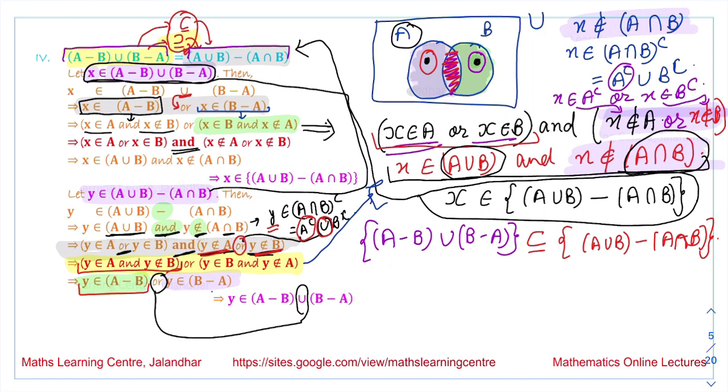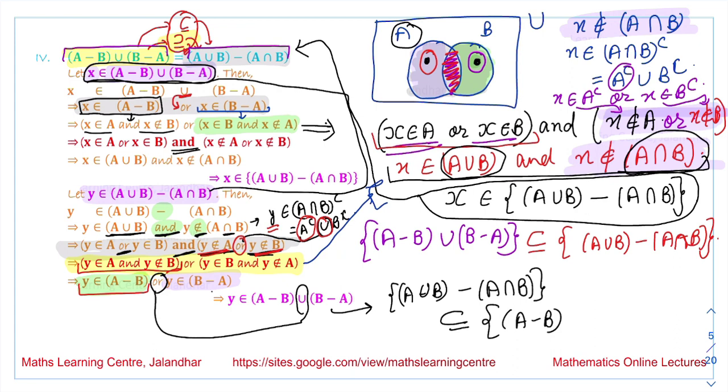So the result we get is that the set A union B minus A intersection B is a subset of the set A minus B union B minus A. And this is the second part we have to prove.